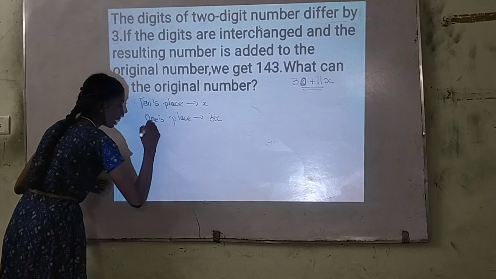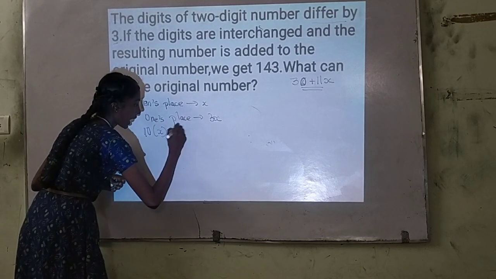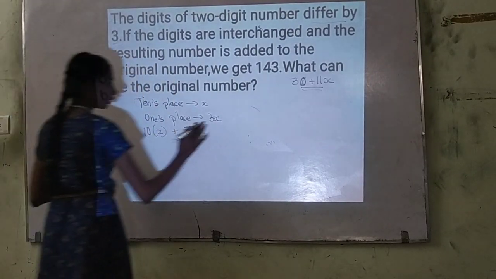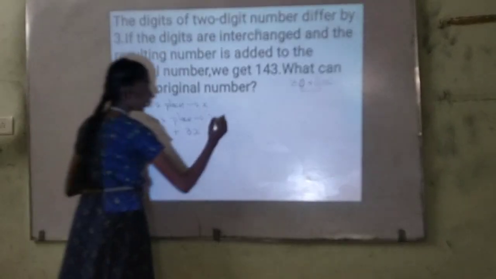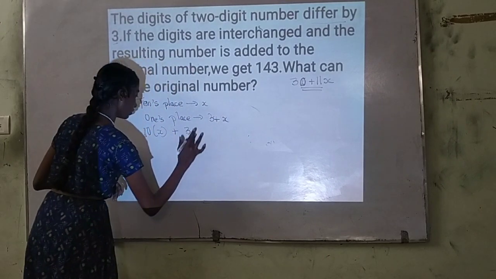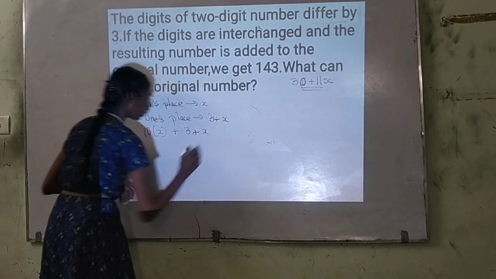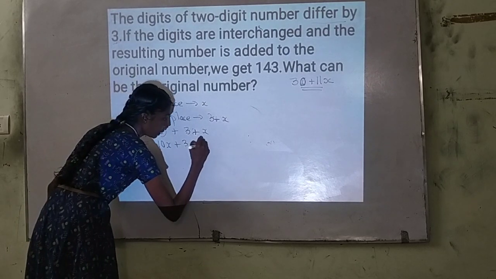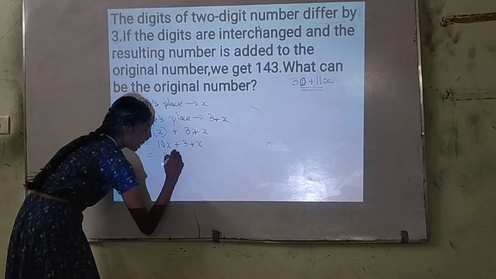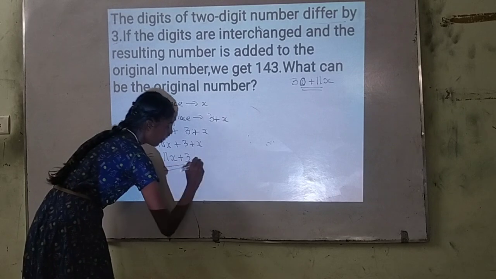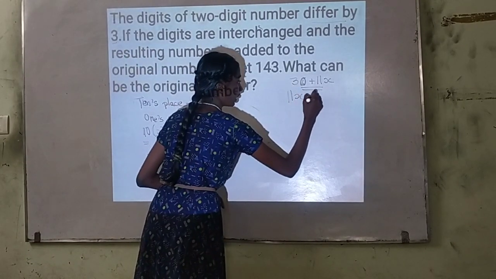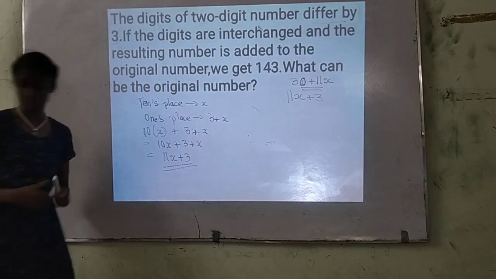So when I multiply 10 with x and add 3 plus x, this gives 10x plus 3 plus x. This gives 11x plus 3 is the number when I interchange the digits.